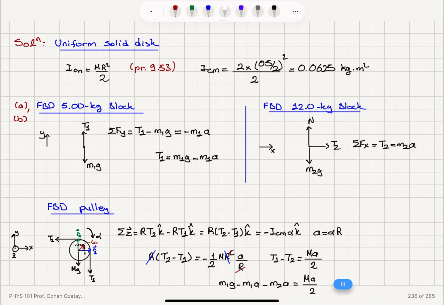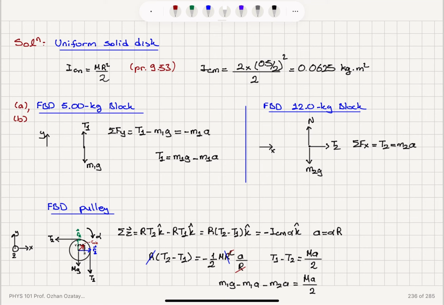If I write the net torque acting on this pulley, it's RT2 K hat minus RT1 K hat. The directions I have found using the right hand rule by pointing my right hand towards the application point of the force, curling my fingers towards the force, and watching where my thumb points. And net torque is equal to I alpha. Well, I have defined this direction of alpha in minus K hat direction, alpha vector.